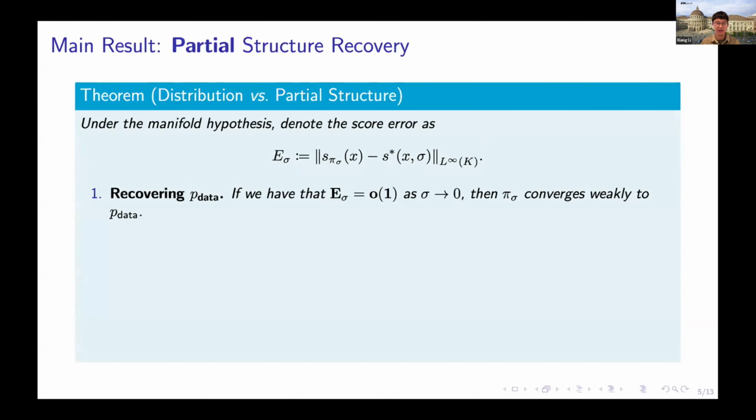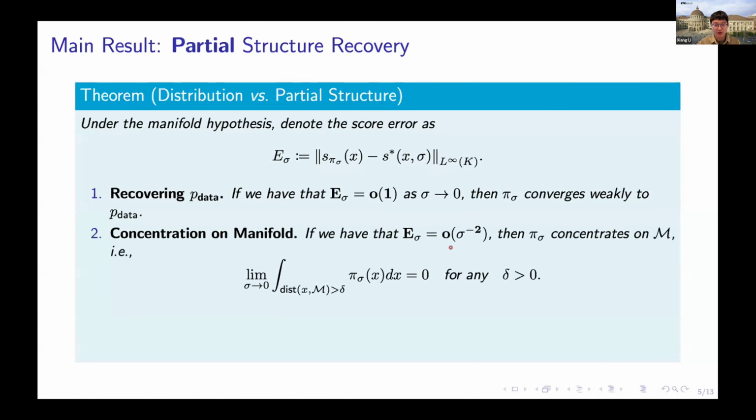So the distribution generated by the diffusion model will converge to p data. This is the success case of a diffusion model recovering p data. However, the requirement is very restrictive. Normally in training this is unrealistic, because we often observe that as sigma goes to 0, or t goes to 0, the training is very unstable. You cannot obtain a very accurate score.